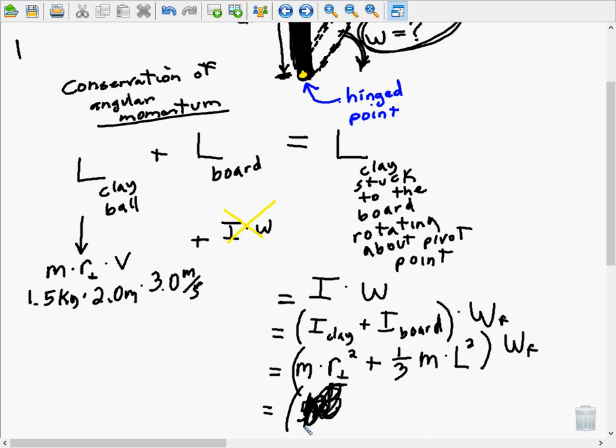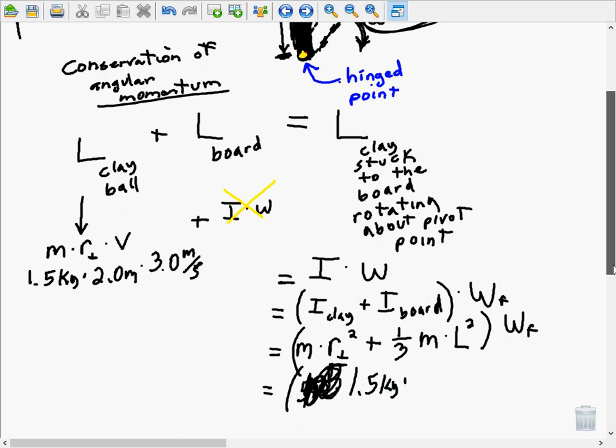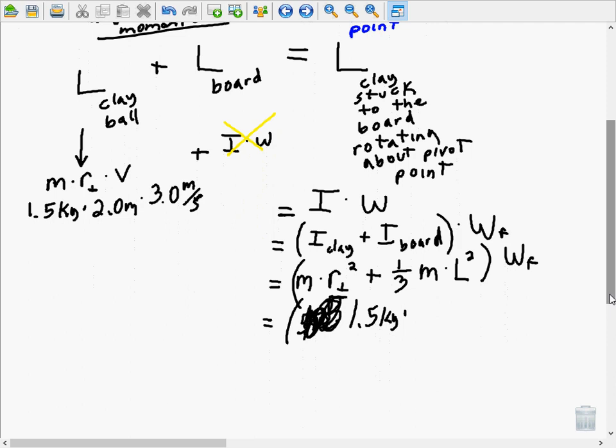Scratch that. 1.5 kilograms times r perpendicular, and how long was that board? 2 meters, and that sucker gets squared, plus 1/3 times, again, the mass of the door.